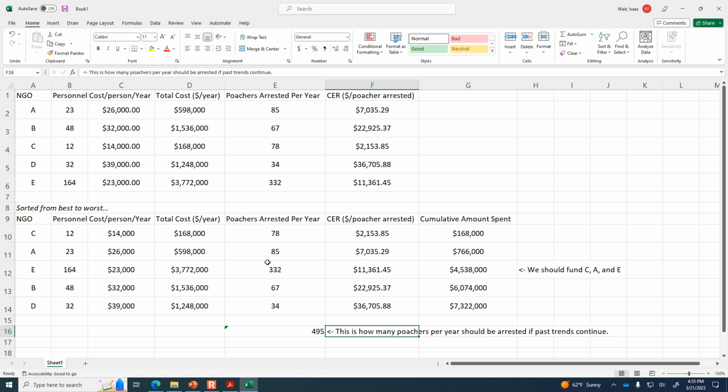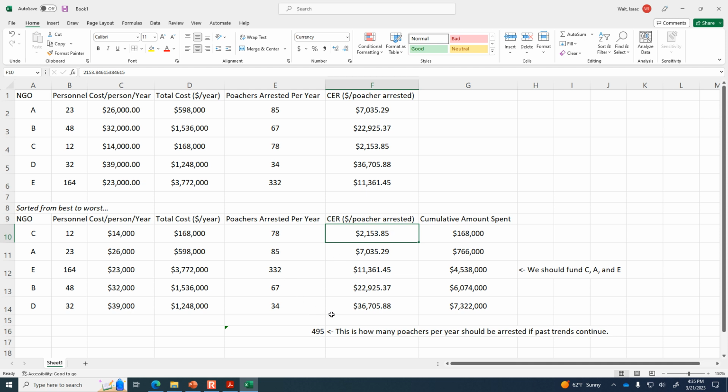And so the way that we pick which organization is best is by minimizing the amount of money spent for each one of those things that is being done. So we prioritize the organization that's the most efficient. Organization C, which is Habitat XP, only has a cost of $2,153 for every poacher that's arrested.